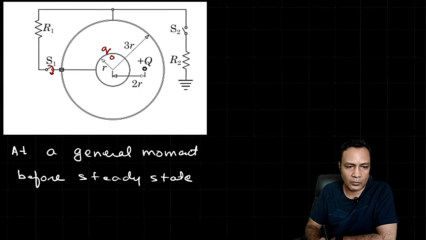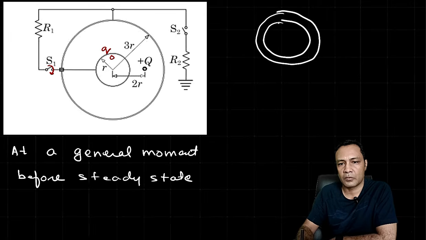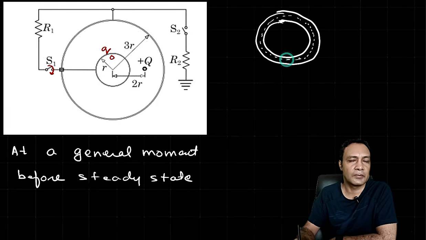If I take the outer shell, obviously it will have some thickness. So if I take any Gaussian surface within the interior of the outer shell, net flux is 0 because net electric field is 0. So net charge enclosed would be 0.